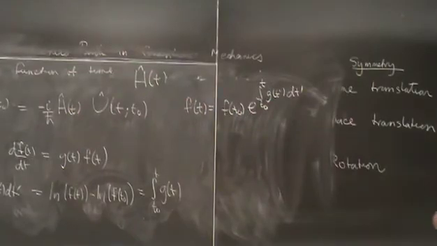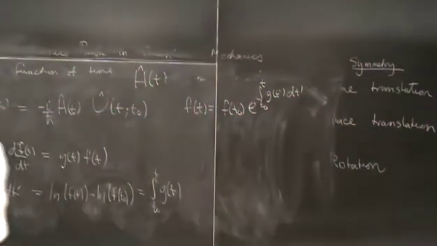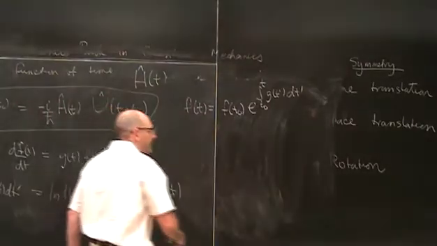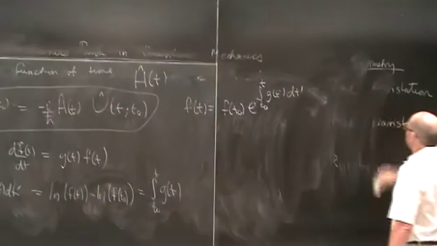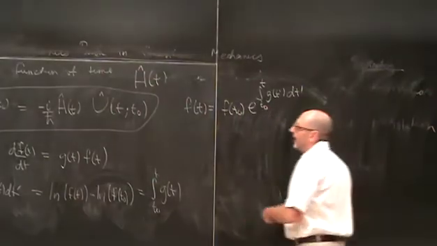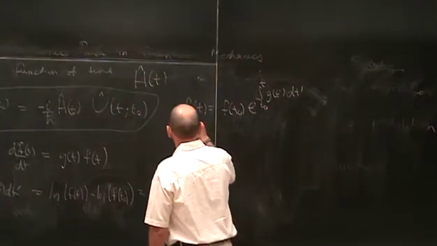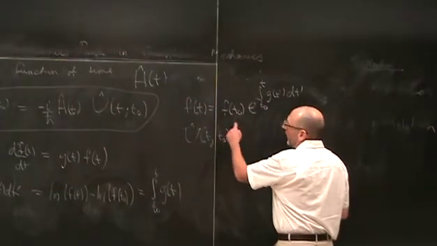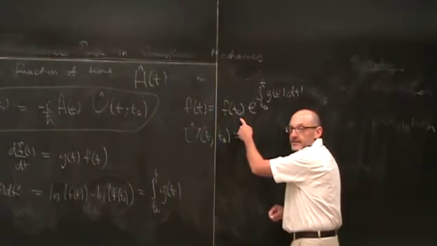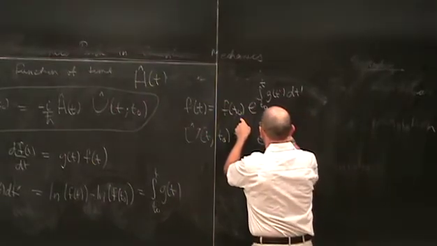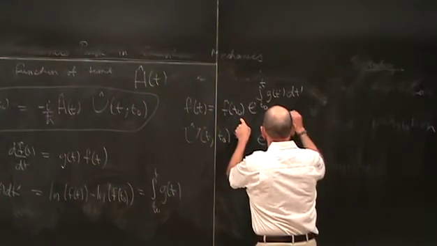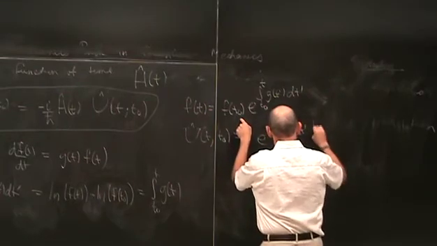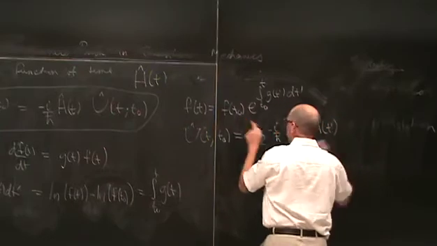So I could just say, well, let's just try that as the solution to this. In this case, that would say that u at t and t0, well, that at time t0 is the identity, and then I have e to the minus i over h bar integral from t0 to t of dt prime, the integral of the Hamiltonian.